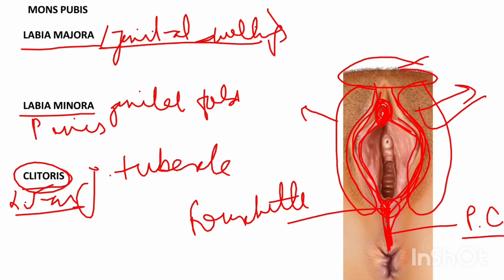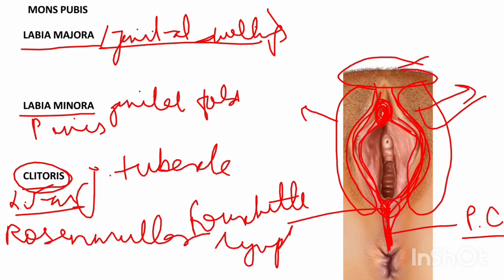Lymph supply is especially from Rosenmuller. You should know which lymph node this is. This is important: Rosenmuller lymph node, or you can say gland of Cloquet.